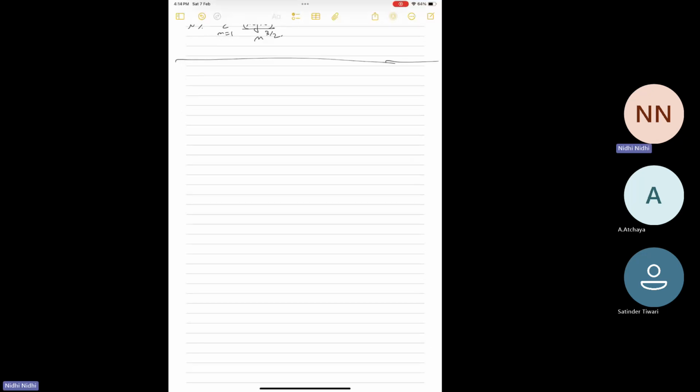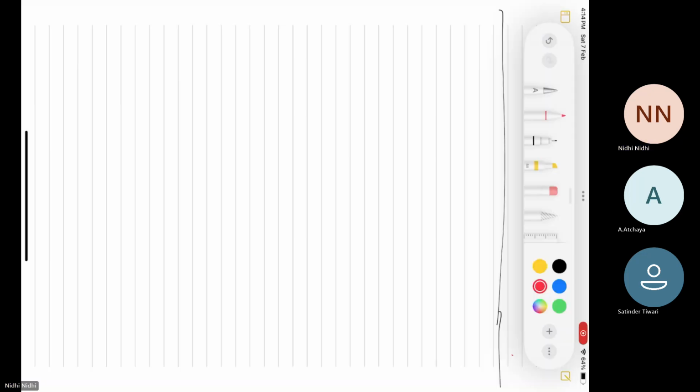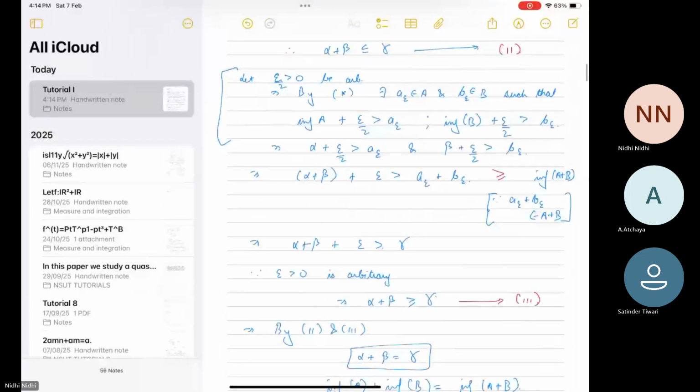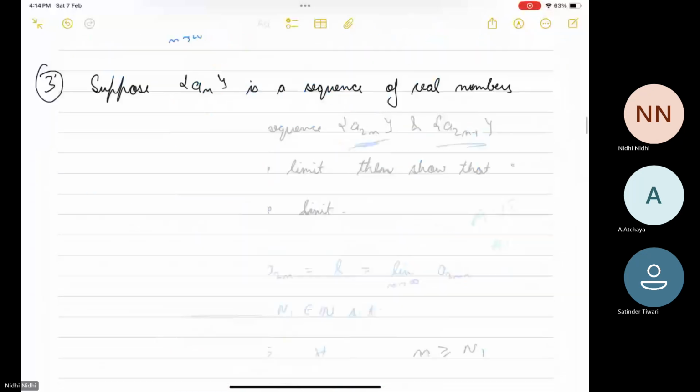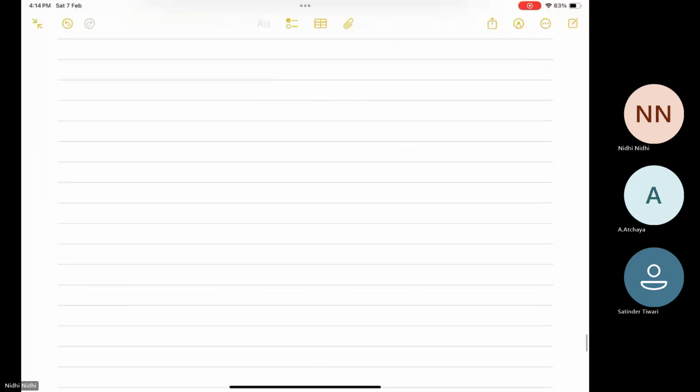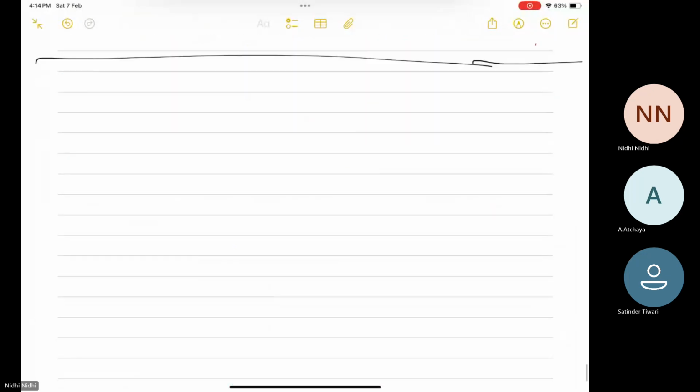When we have the case of function fx equals 1 by x, the function blows up. So near 0, it increases very fast.